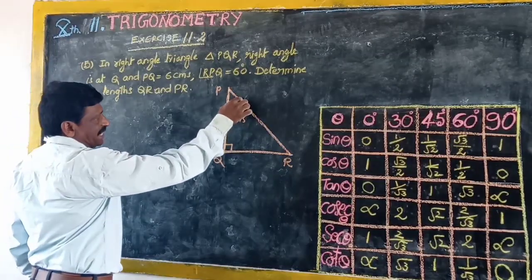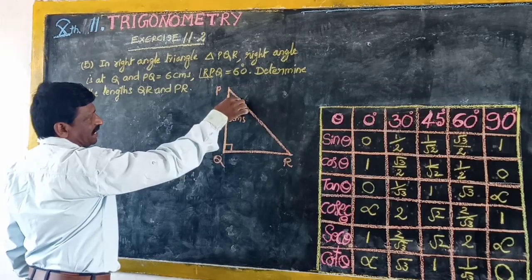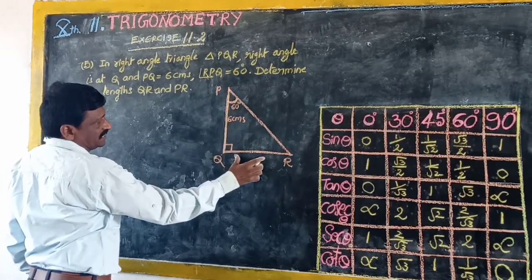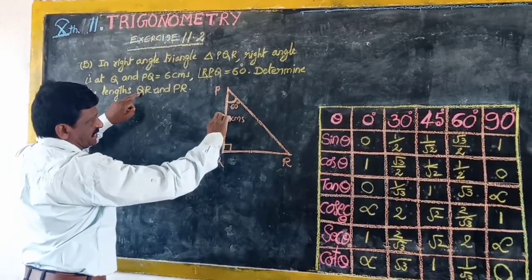This is the angle, this is the adjacent side, and this is the opposite side. First QR: opposite, adjacent.